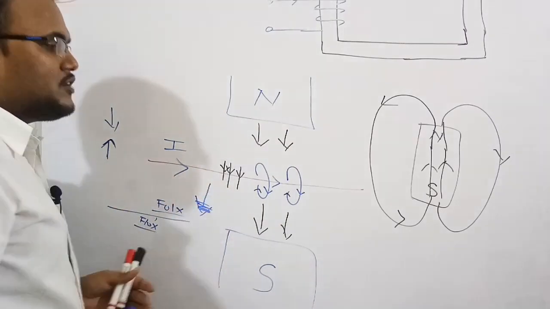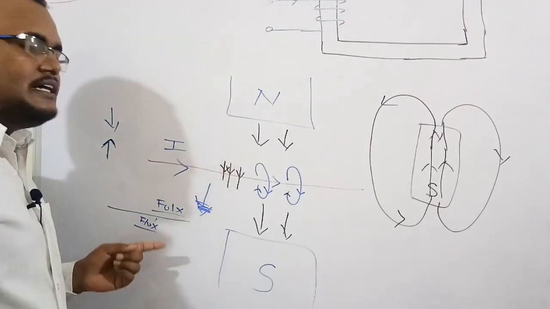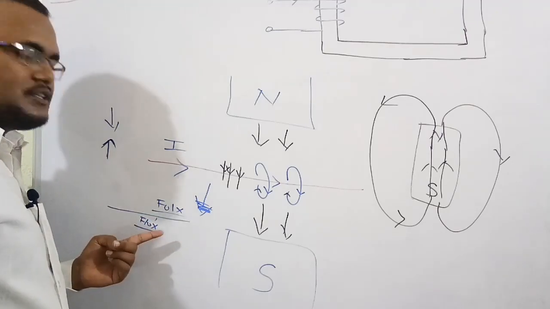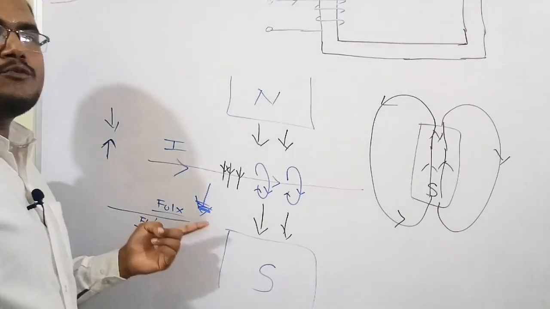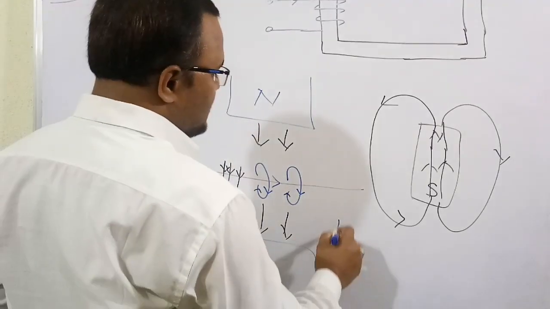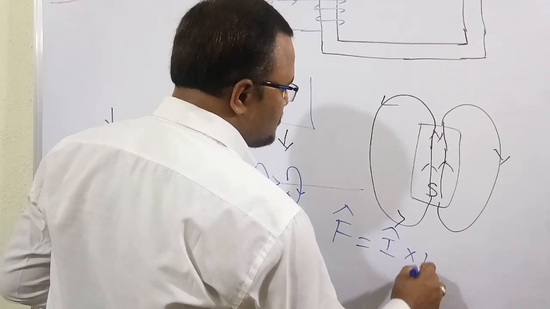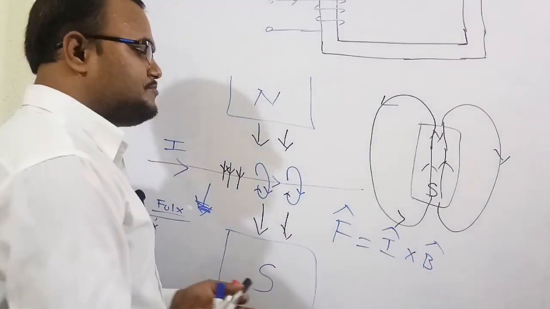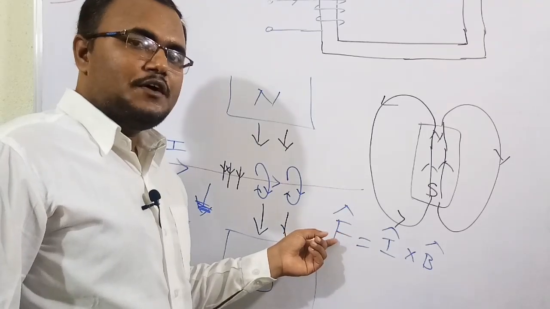No need to remember all these things. By using a small formula, we can easily find out the direction, whether the force will be in the downward direction or the upward direction. The formula is, just remember this one: F bar is equal to I bar cross B bar. Here these are vectors.